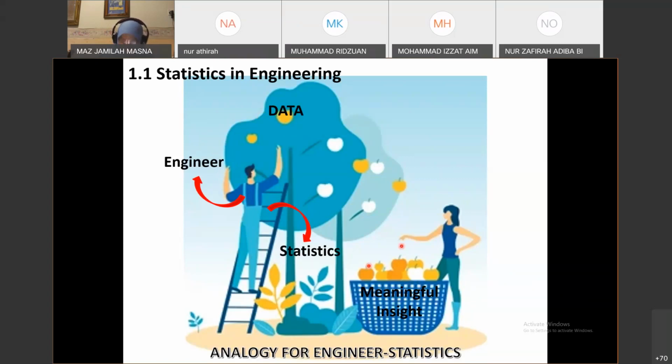And this basket that fills with fruits are all the meaningful insight that you need to present to your boss, maybe to the board meeting or whatsoever. Okay, now the point of this slide is just to mention that you need statistics to help you turn your data into meaningful insight.